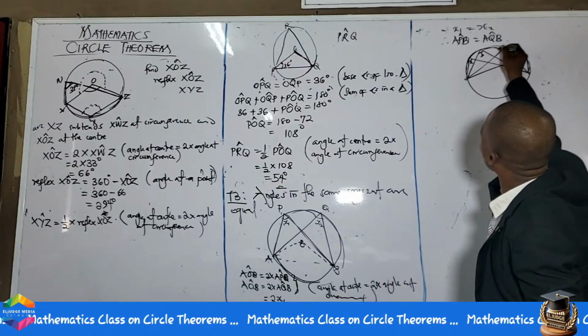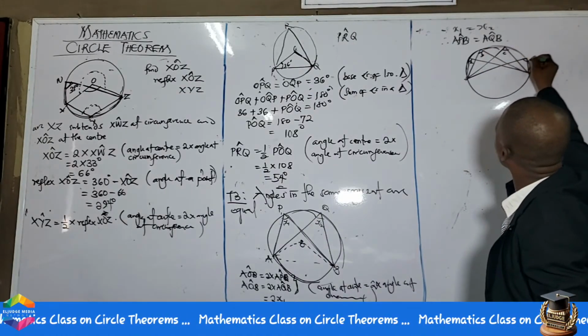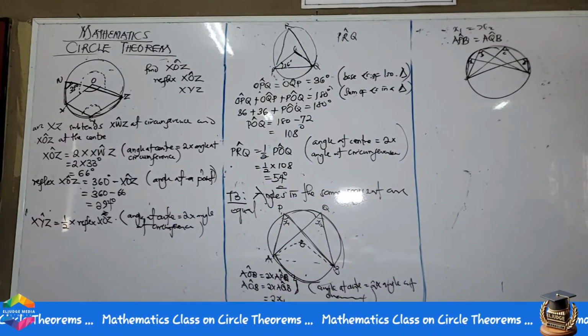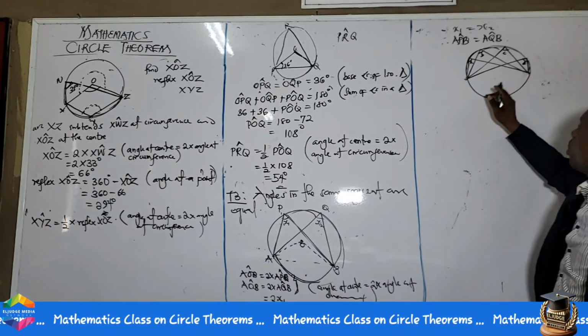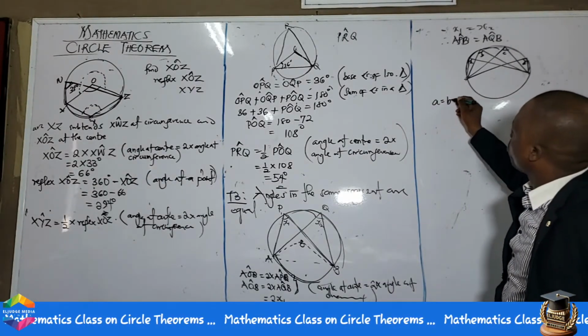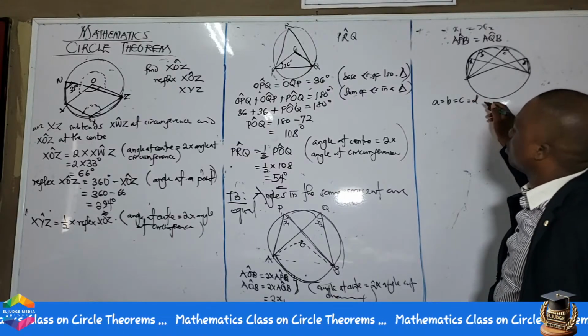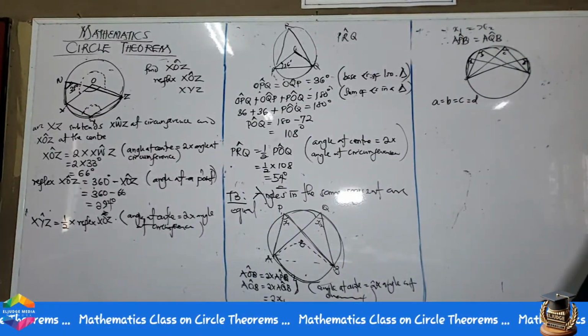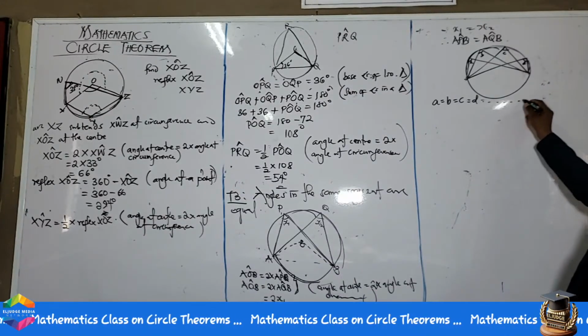A, B, C, D. No matter the number of angles in the same segment, we will always arrive at A equals B equals C equals D, because they are all angles in the same segment, and so on.